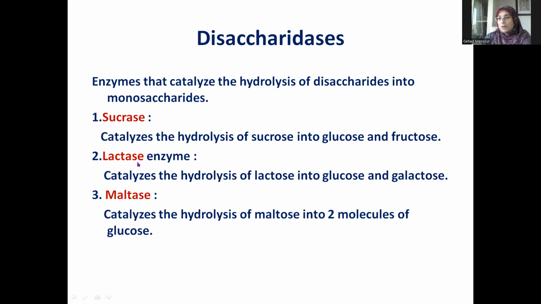Lactase catalyzes the hydrolysis of lactose into glucose and galactose, and maltase catalyzes the hydrolysis of maltose into glucose and glucose. Notice that the only difference between the name of the enzyme and the name of the sugar is that the enzyme has an A instead of an O.